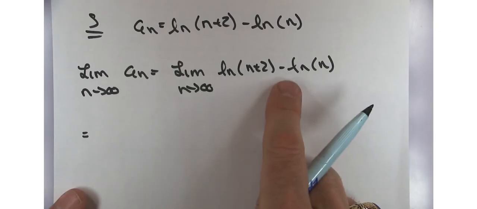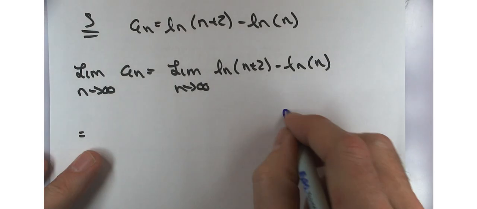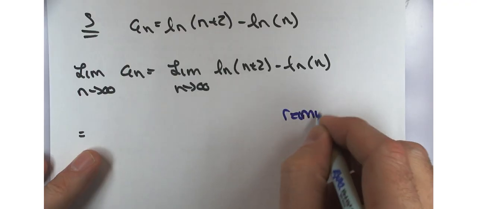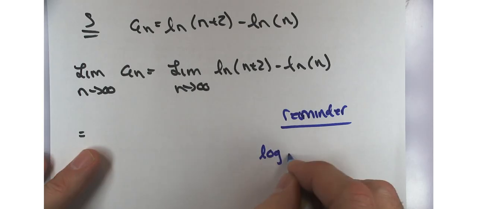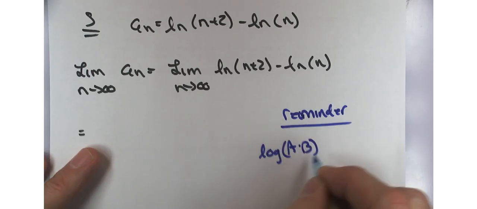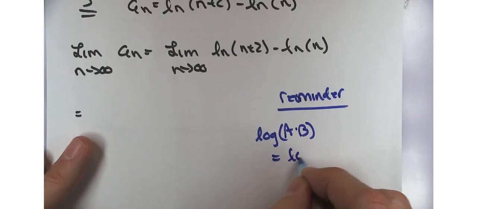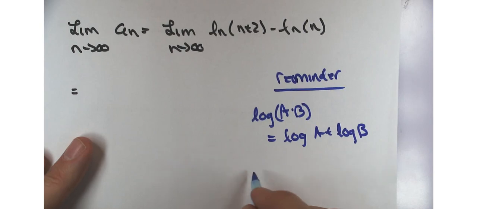Let me give you a reminder here. Log of A times B is log of A plus log of B. Another reminder of the same spirit: log of A over B. What's that one equal to?